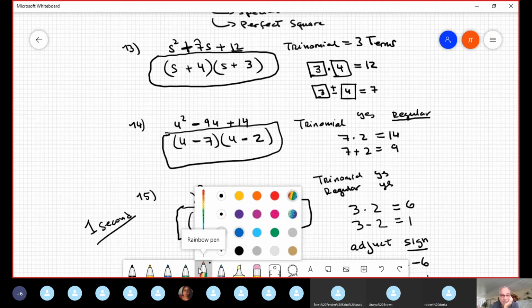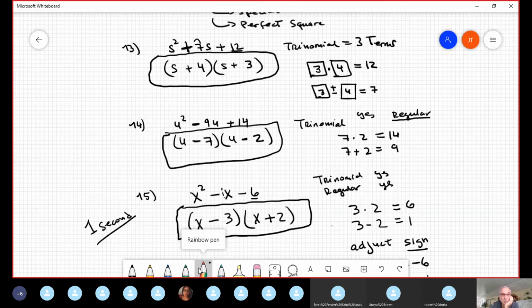In any trinomial we have 2 signs: this sign and this sign. I want to call this first and this second, it doesn't matter. So when the second sign is positive, like in this example and this example, we always have the same sign, plus or minus, depending on the first sign.